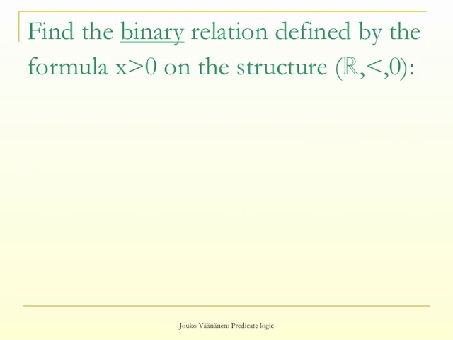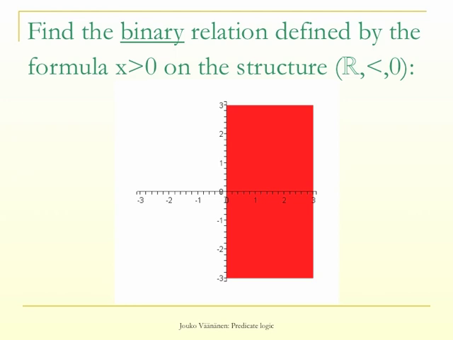So we should have a formula with two free variables, perhaps x and y, but there is just x. That means that y can be anything. So here is a picture. We take any pair A, B, so that A satisfies the formula x greater than 0, that is A is positive, and B can be anything.